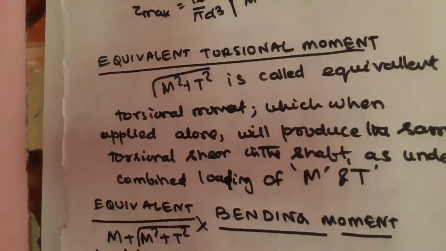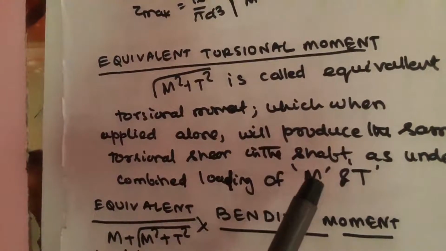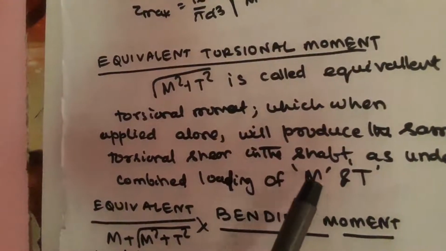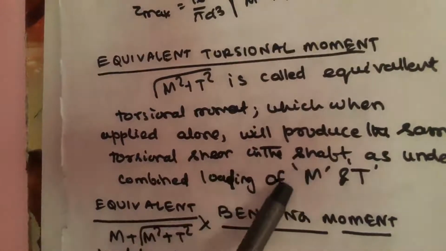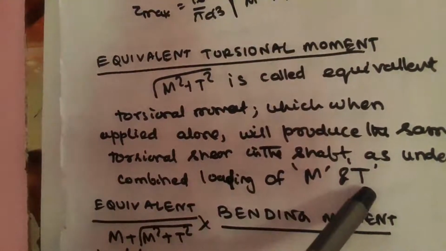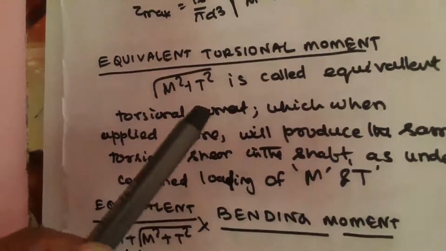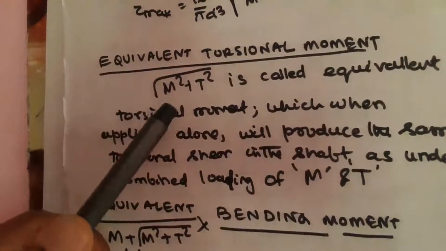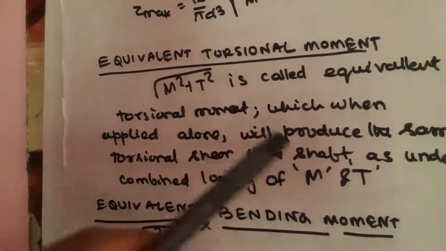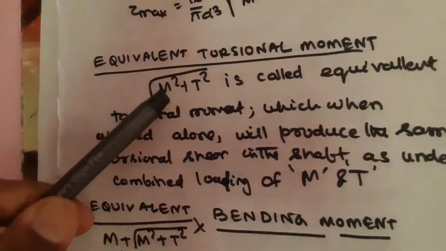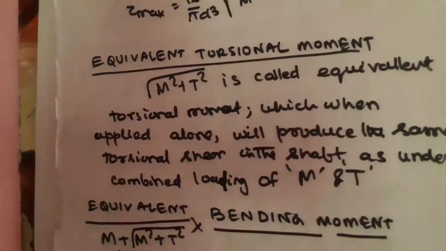The same amount of stress will be induced on the shaft when you are applying a bending moment of amount M and torsional moment of T. So individually applying these two together will produce the same effect, that is the same amount of torsional shear stress, as applying the root of M square plus T square.